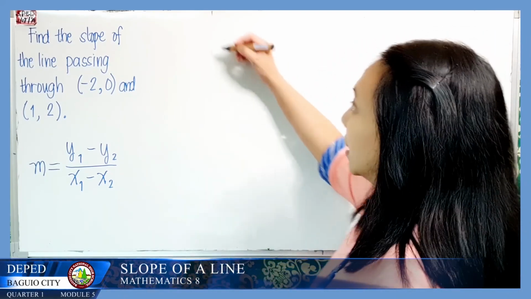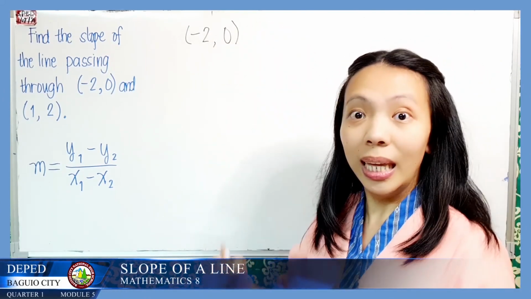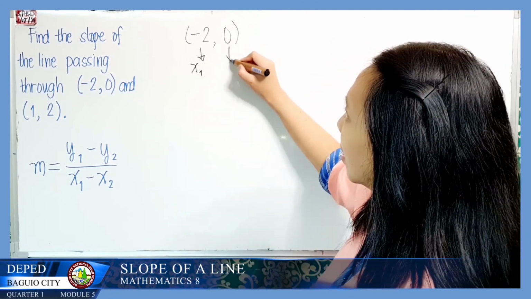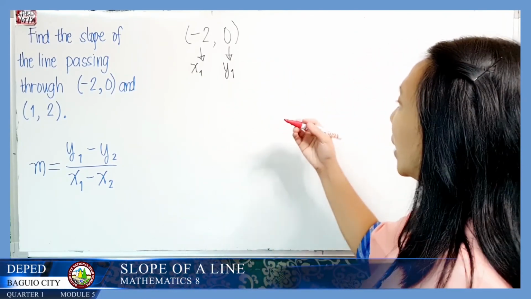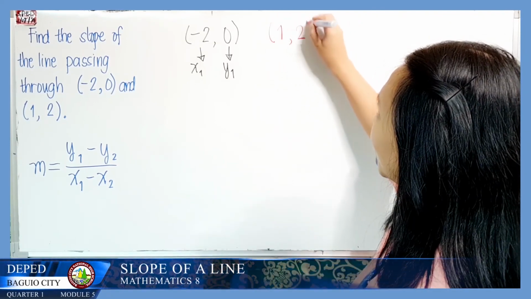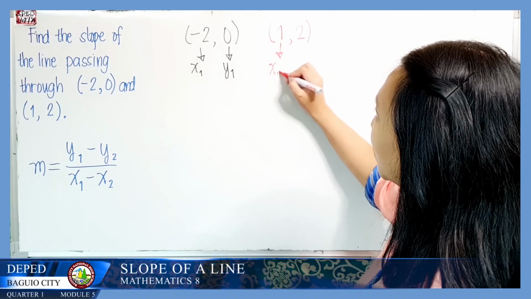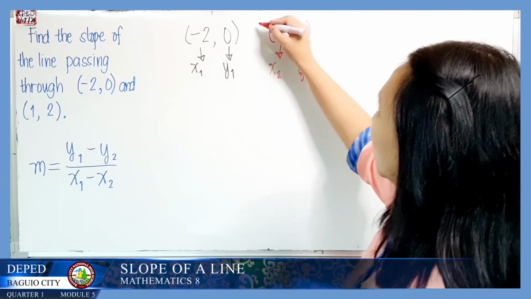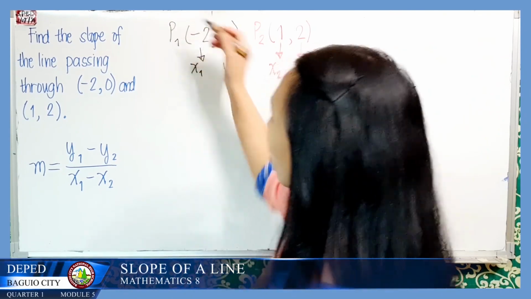The first point is located at (-2, 0), meaning to say -2 is x sub 1, while 0 is y sub 1. The other point is located at (1, 2), meaning to say 1 is our x sub 2, while 2 is our y sub 2.